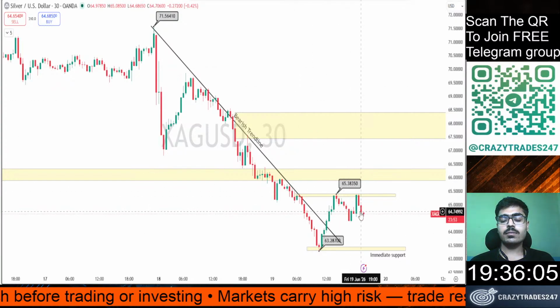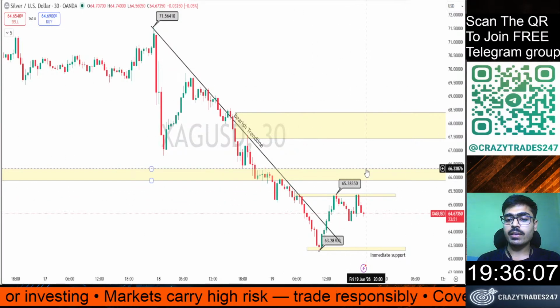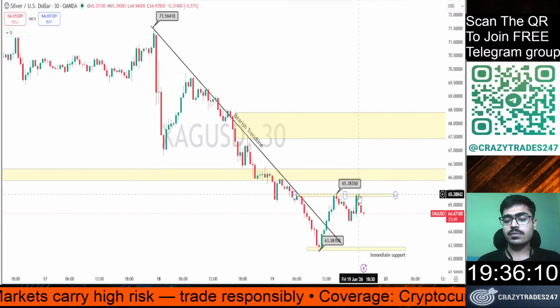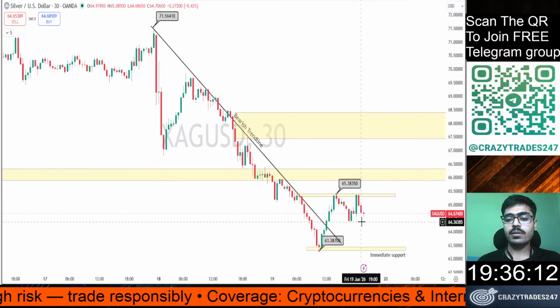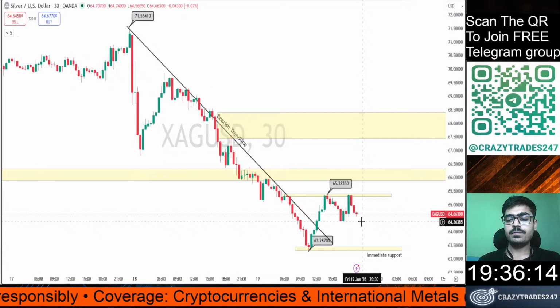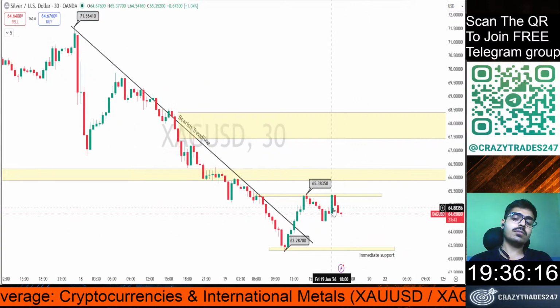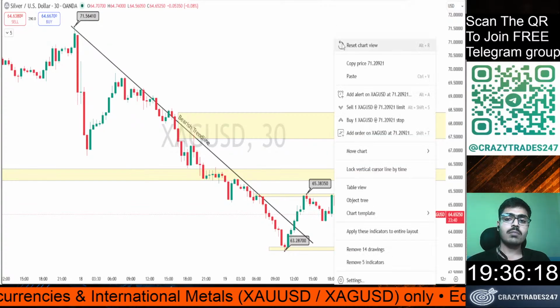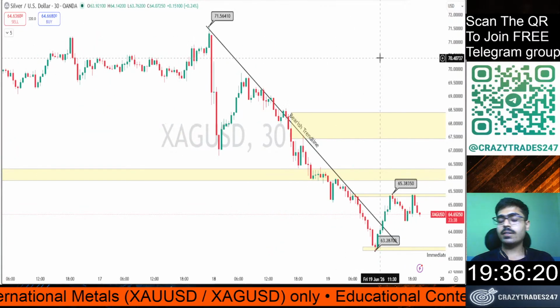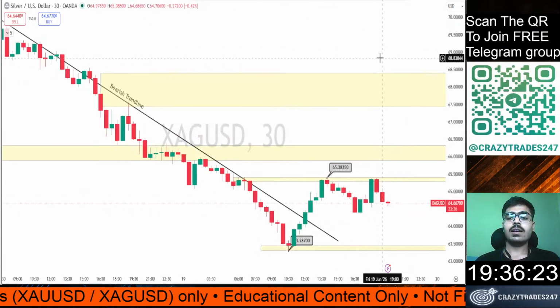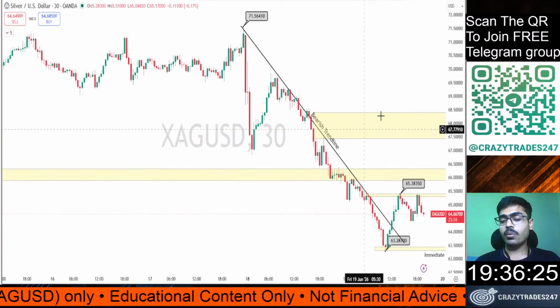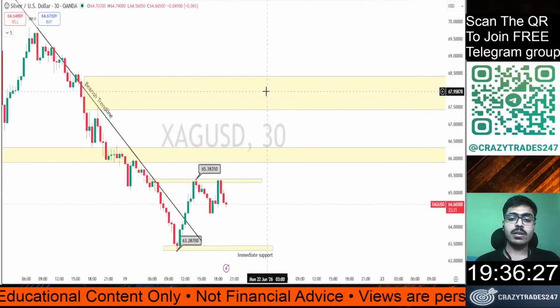And look at the price structure after making that high. It has just retraced all the way. And today we should not take any position either, because today is Friday, Saturday and Sunday are going to be holidays, and on top of that, today is a US market holiday.